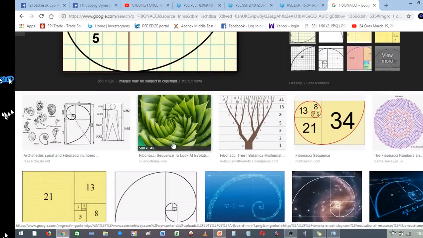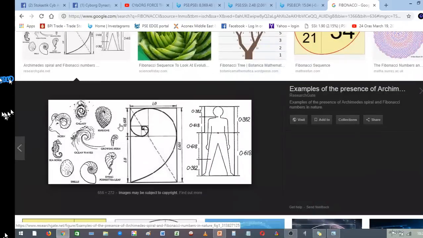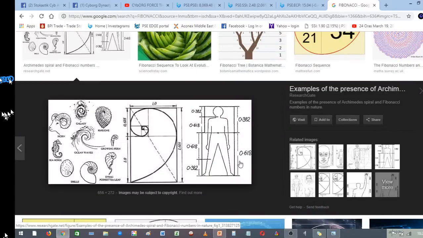Also in nature, if this is applied to the human physical body, the head, the shoulder, the main body, and the legs are proportionate to each other.